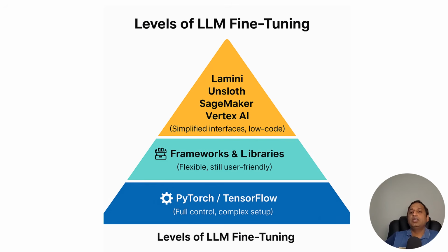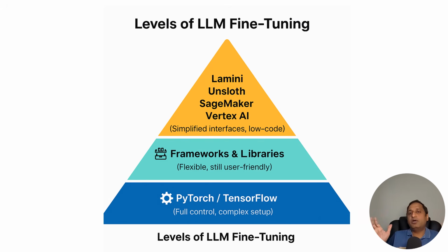Another one is a simplified interface which is low code, like Lamini or Unsloth, even SageMaker or Vertex AI. This gives you APIs, a higher level abstraction where, for example, with Lamini, you can fine tune an entire model with just 3 lines of code, right? It is that easy. You don't have to learn about all the frameworks, libraries, PyTorch, everything.